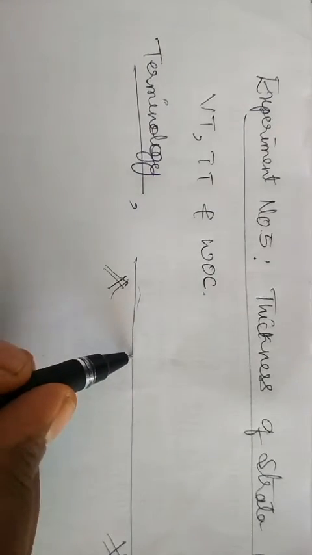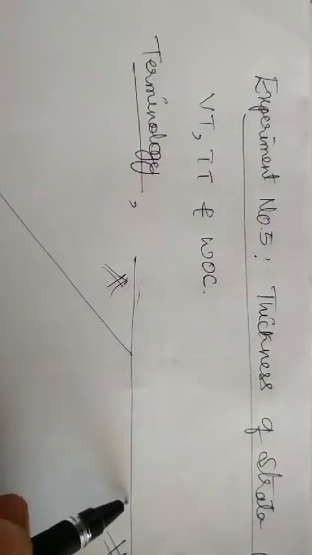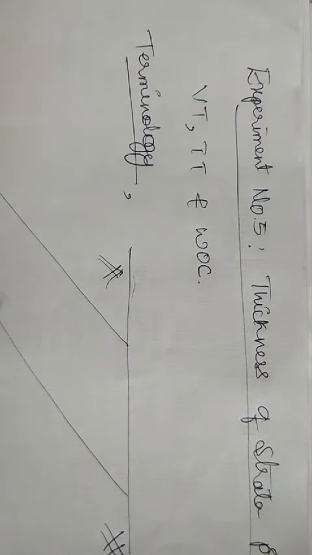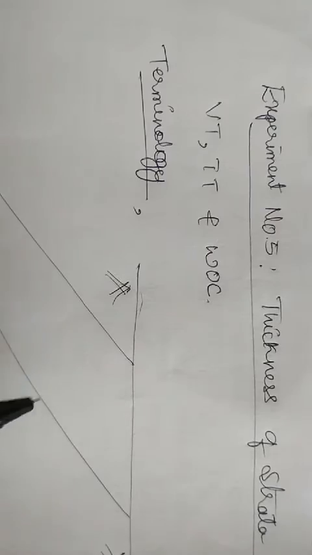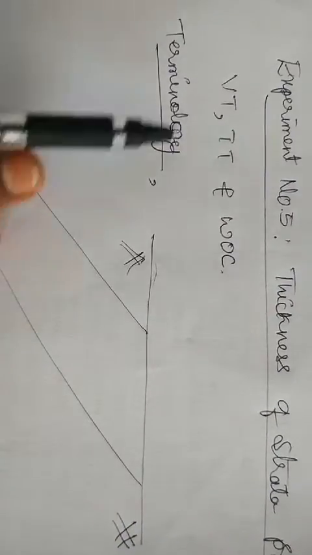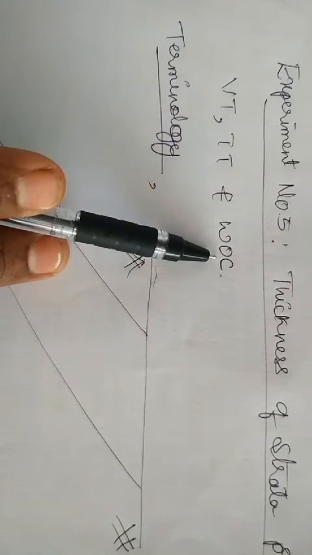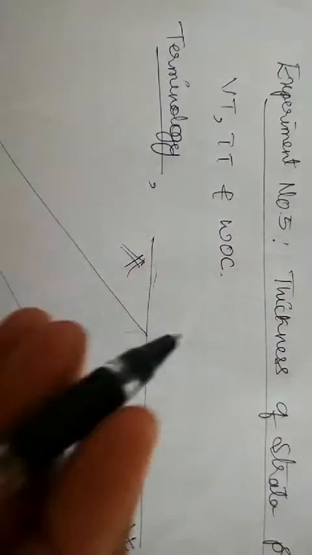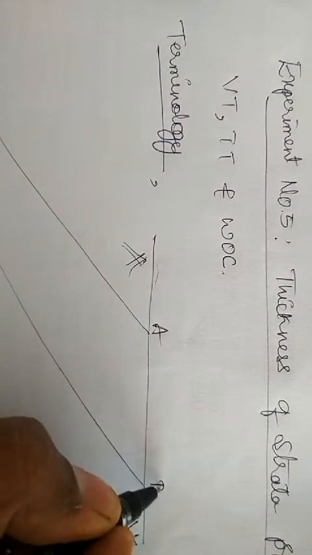We are interested in finding the thickness of the strata below the ground surface. The strata below the ground surface may not be horizontal. So when there is an inclination in the strata, we are interested in finding the true thickness, vertical thickness and width of outcrop. Say this is A and this is B.